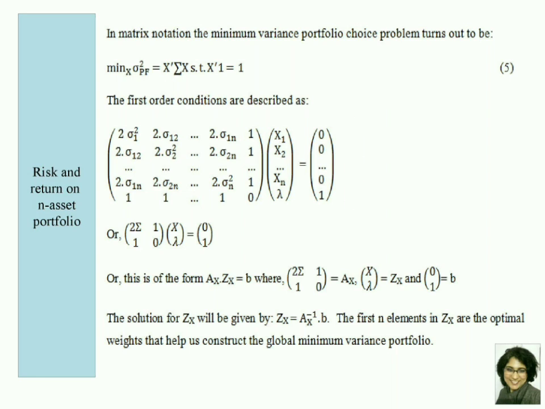So this turns out to be 2 sigma, 1, 1, 0 into the x, lambda matrix, and that is equal to the 0, 1 matrix. Now this is of the form Az is equal to b, and the solution for z will be given by A inverse into b. So solving, we can get the optimal weights that will help us construct the global minimum variance portfolio.